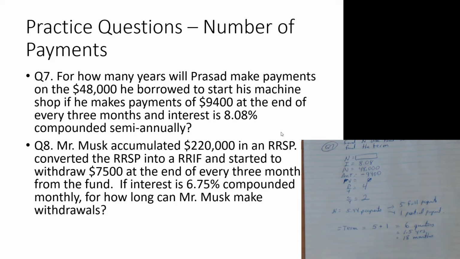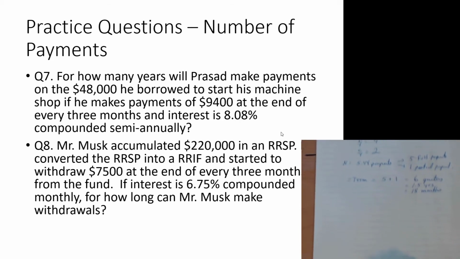End of the 6th quarter. Because I make my regular full payments at the end of 5 quarters, and then I've got this little remainder partial payment. I make that at the end of the 6th quarter, because payments only happen at the end of the quarter. Total of 6 quarters. That's 1.5 years, 18 months, and we're off. But boy, that gets missed. That 5.44 instead of 6 messes folks up.